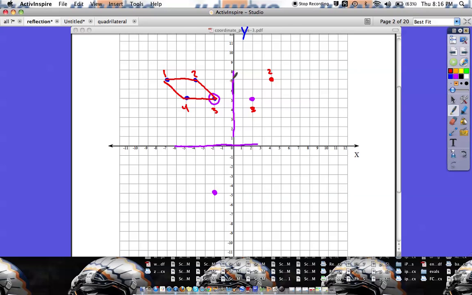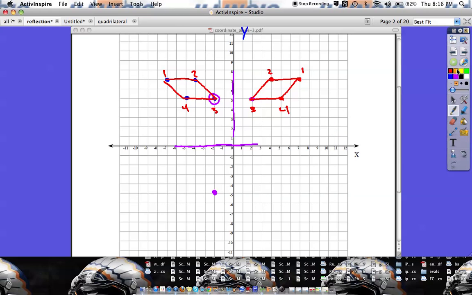So it's got to be 7 away on the other side. 1, 2, 3, 4, 5, 6, 7. Now remember, it's a mirror image, so it's going to be flipped around. And then this one, I could count, or I could just see, well, these 2 points, 4 and 3, are 1, 2, 3 apart. So I could just go 1, 2, 3. And I could put it right there, and that would be my point 4. If I connect the lines, I've got the same shape, just reflected over the y-axis.